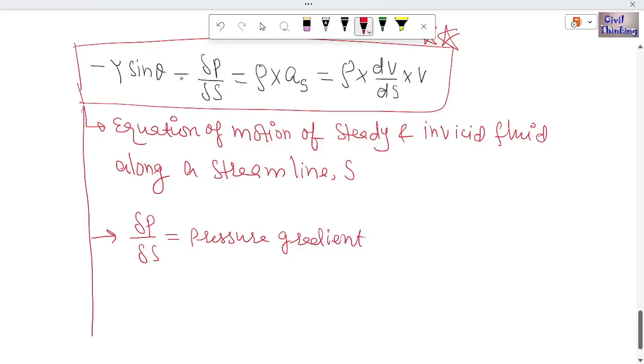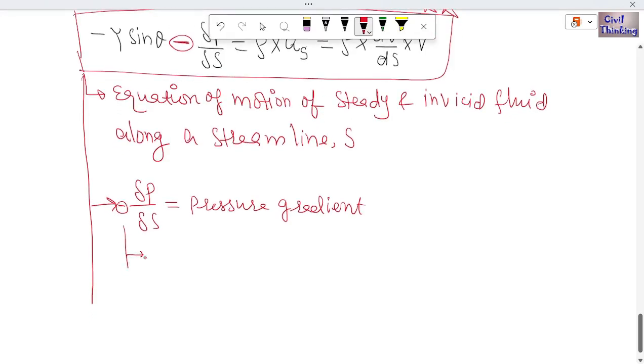But remember we have this negative sign here. What does this negative signify? Here the negative means pressure decreases along a streamline.